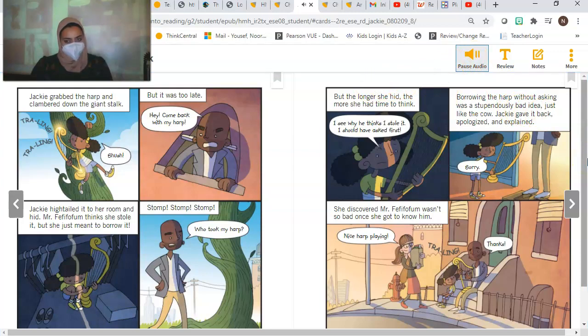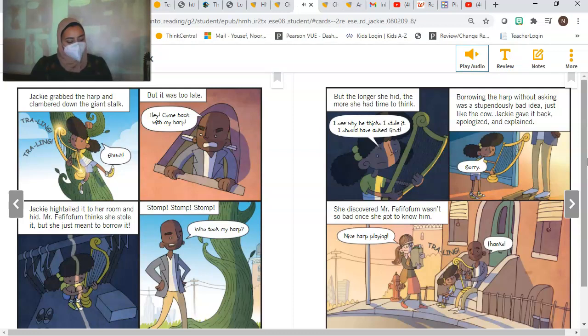I see why he thinks I stole it. I should have asked first. Borrowing the harp without asking was a stupendously bad idea, just like the cow. Jackie gave it back, apologized, and explained. Sorry. She discovered Mr. Fee-Fi-Fo-Fum wasn't so bad once she got to know him. Nice harp playing. Thanks. Trilling.